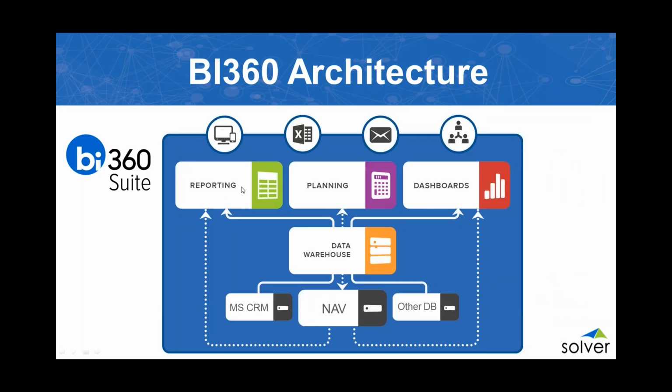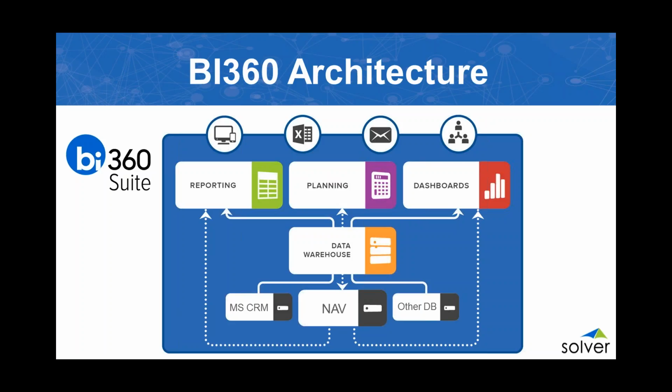So firstly, we've got reporting, this little green icon here. Reporting is our Excel-based reporting, which means we're an add-in to Excel. We've got that live integration into NAV, like I was talking to you about before. So this means we can pick up on all the data that you need in order to report effectively.